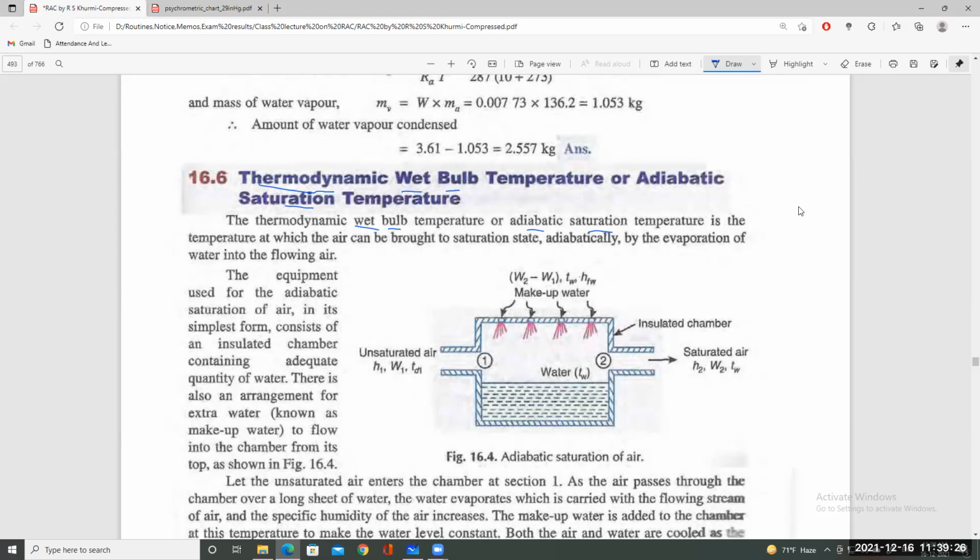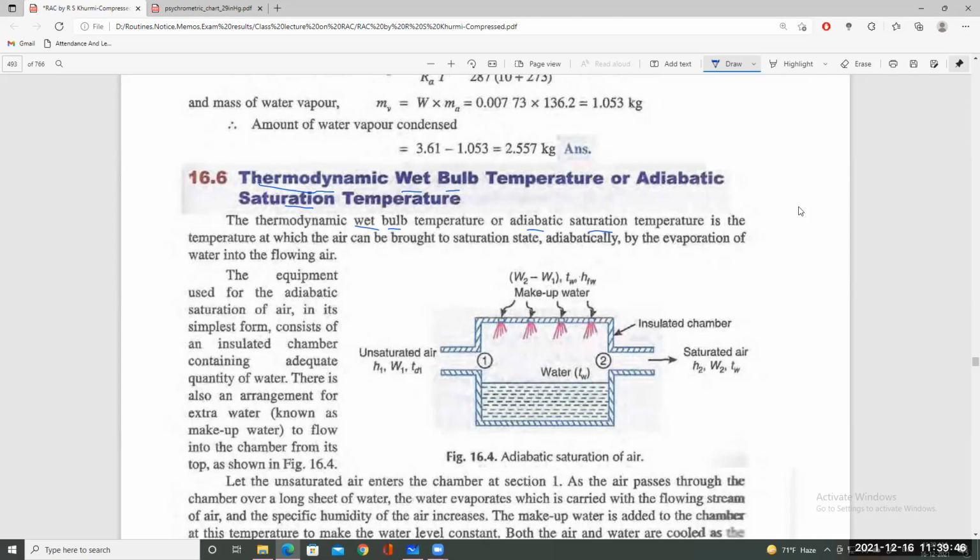Now, what we are saying, thermodynamic wet bulb temperature or adiabatic saturation temperature, means the temperature at which air can be brought to the saturation state adiabatically by the evaporation of water into the flowing air.